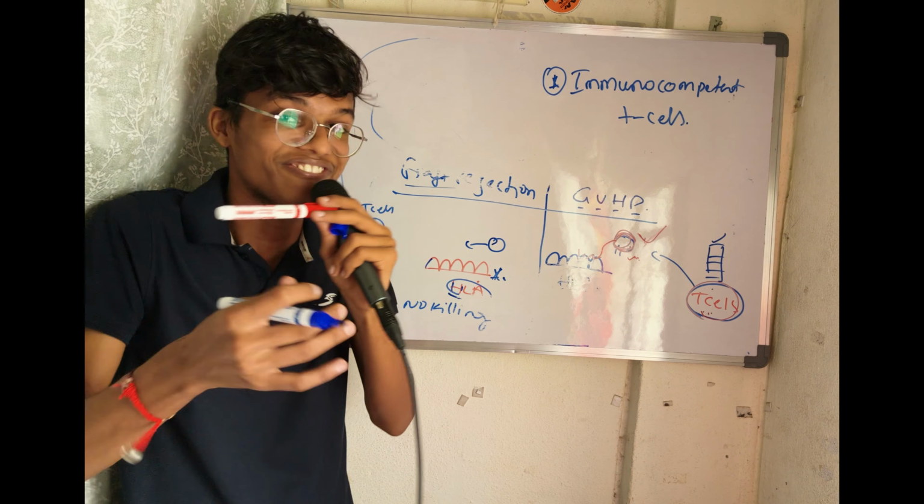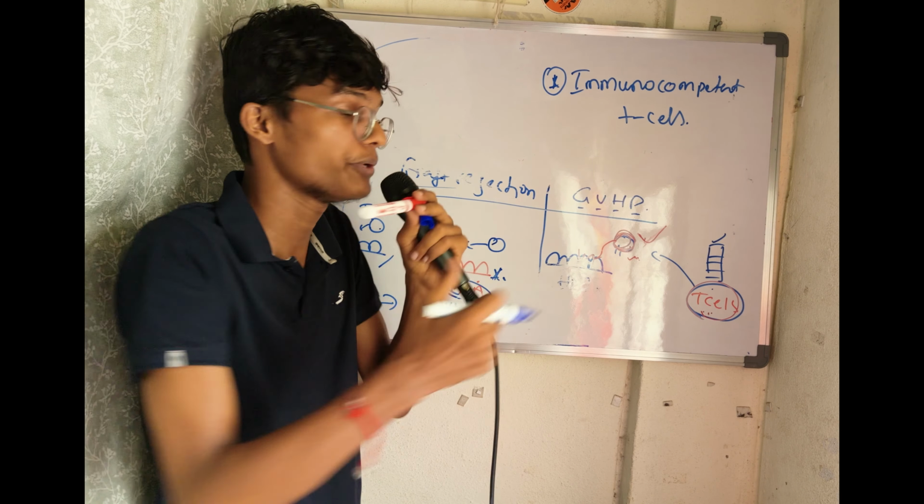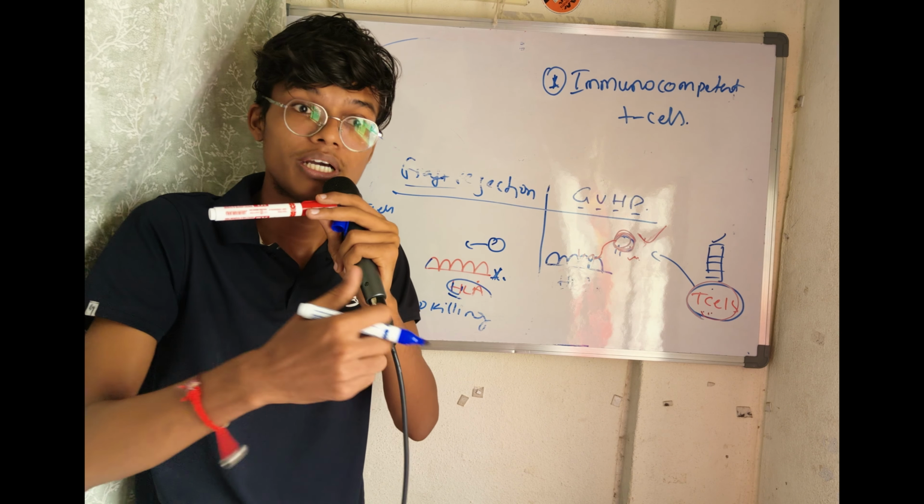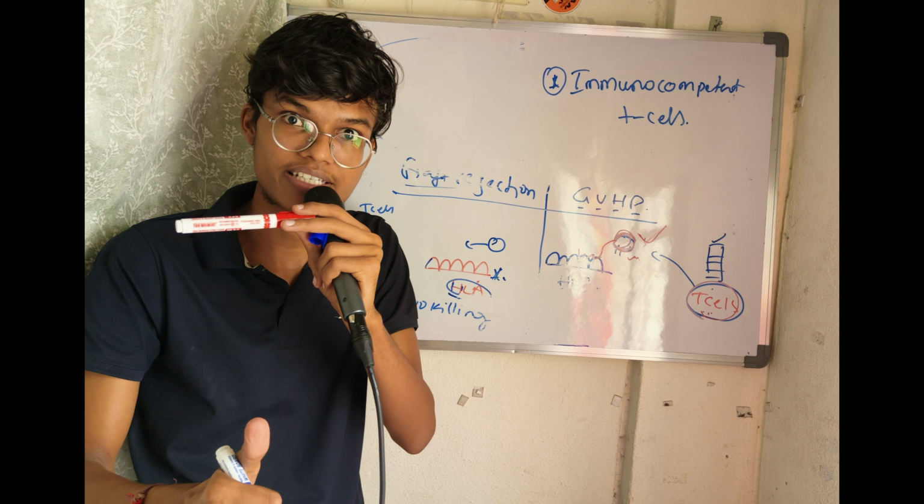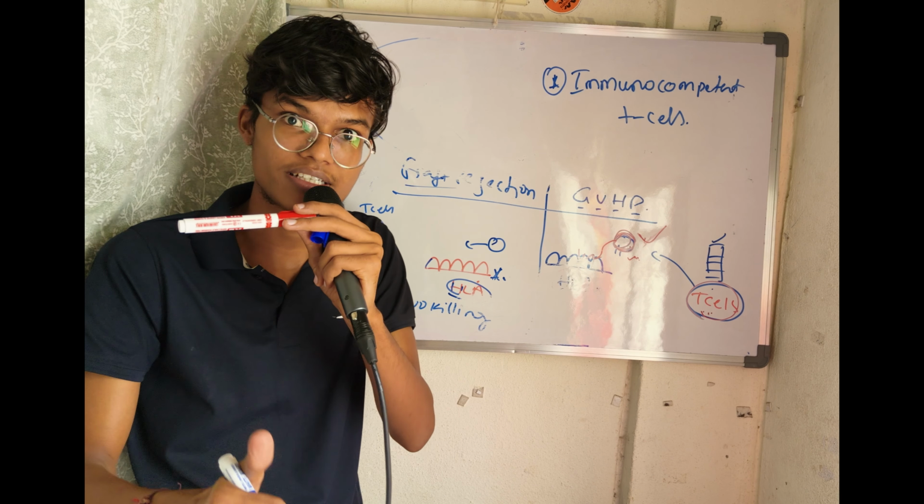If the organs, if the substance we are taking from the donor have mature, potent T cells, that means immunocompetent, competent to carry out T cell mediated reactions, then this GVHD will occur. Only if the substance we are taking has T cells of the donor will we have this GVHD. This is the first condition.